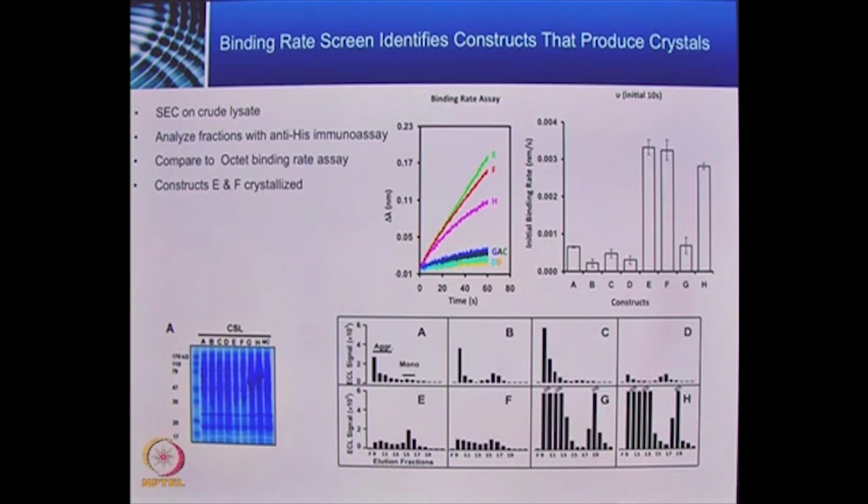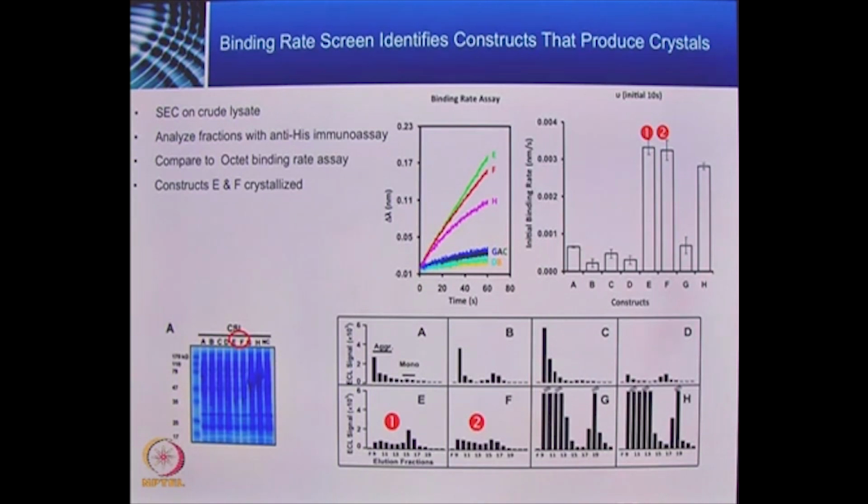It's very interesting to notice that the constructs with the highest initial binding rate actually correspond to the constructs with the highest soluble portion. So these 2 constructs are selected for further crystallization study, and the researchers then get the crystals of these 2 constructs.